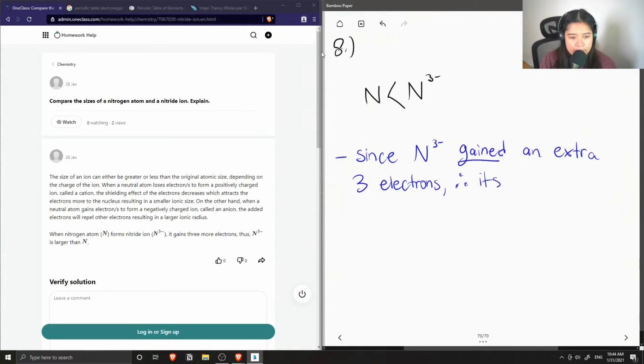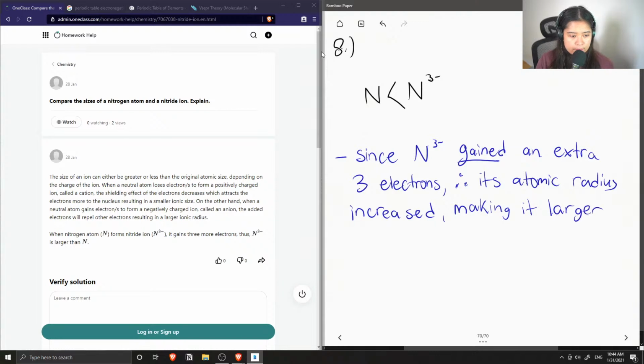Therefore, its atomic radius increased, making it larger than a neutral nitrogen atom.